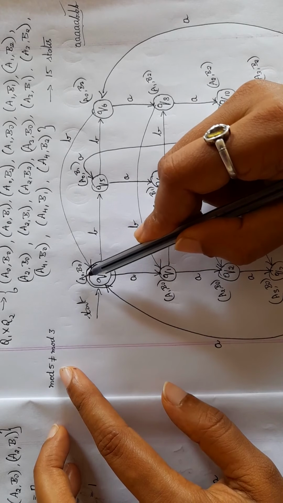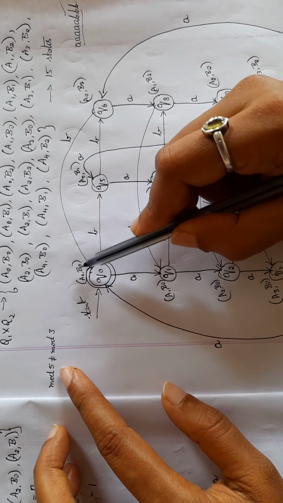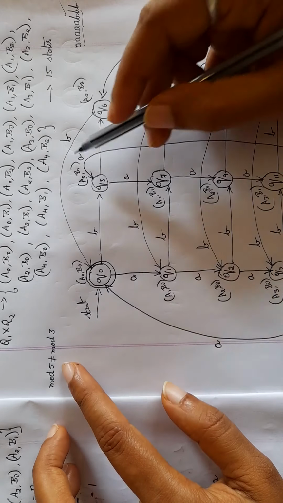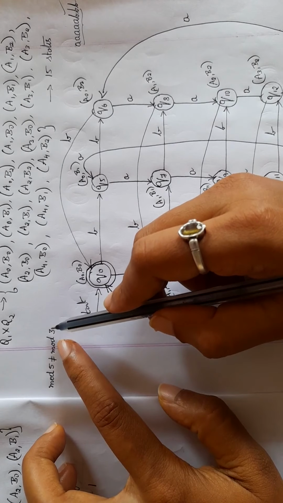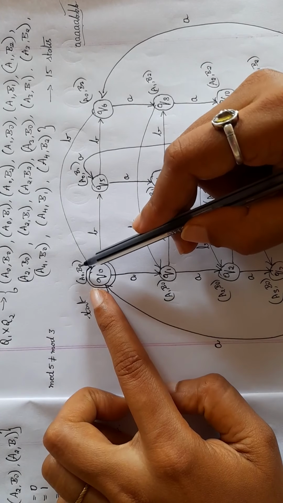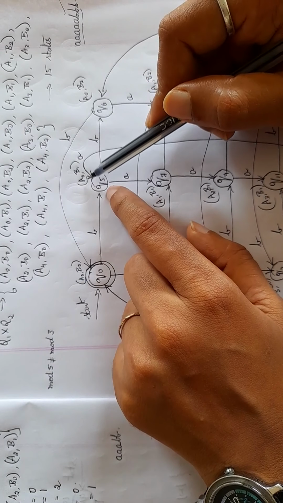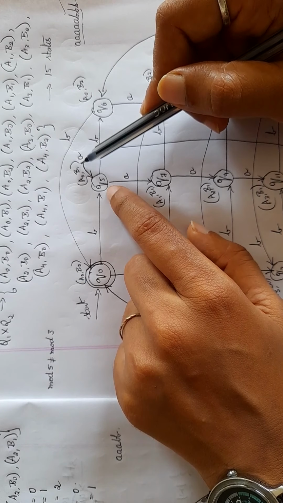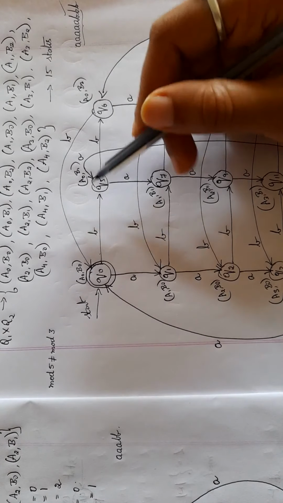Which are the different conditions you can have? This one, 0, 0. These two are the same. So if mod 5 is not equal to mod 3, then it is an accepting state. So 0, 0 is the same, so this doesn't become a final state. Next here 0 and 1. 0 is not equal to 1, so this becomes the final state.